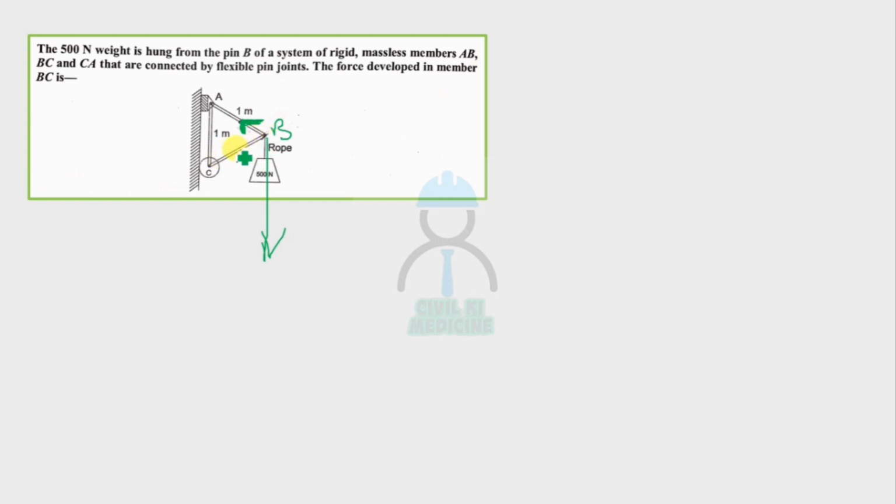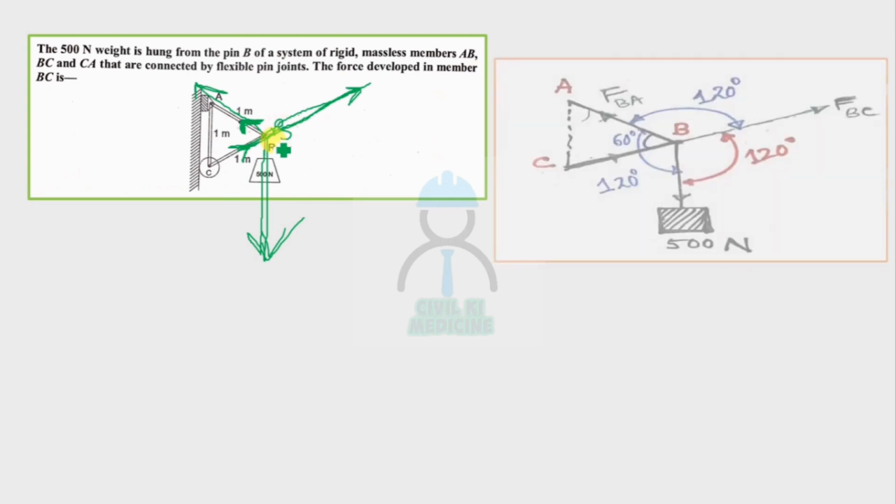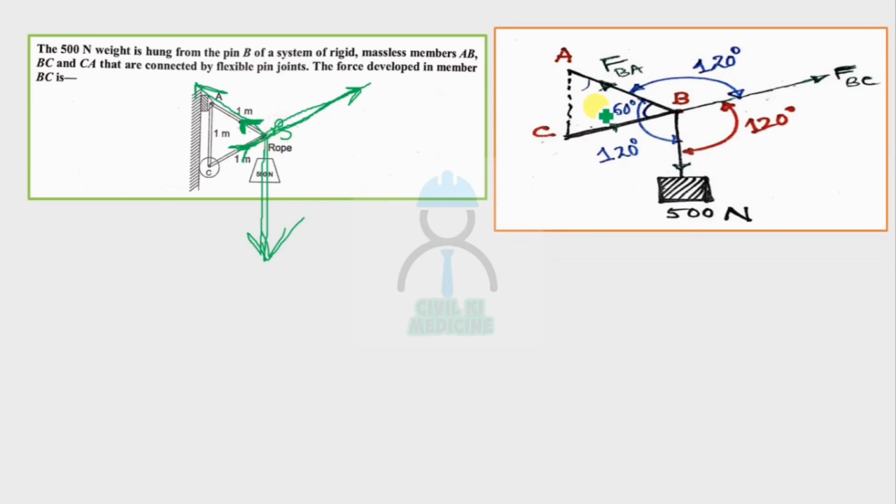The line of force will be along this direction, and the load is acting vertically downward. That means three forces are acting at point B. So we can easily use Lami's theorem.